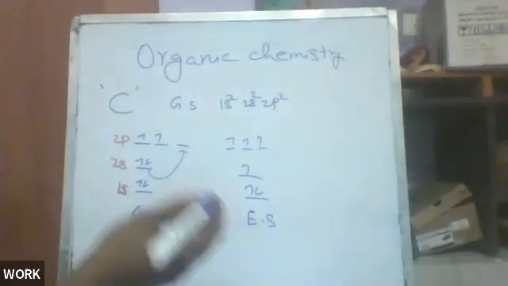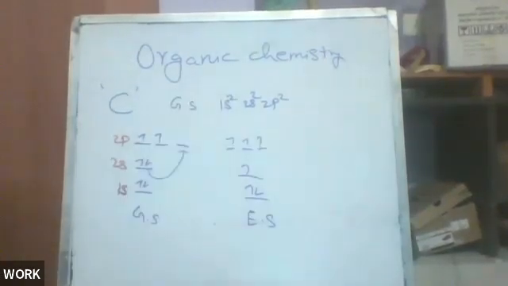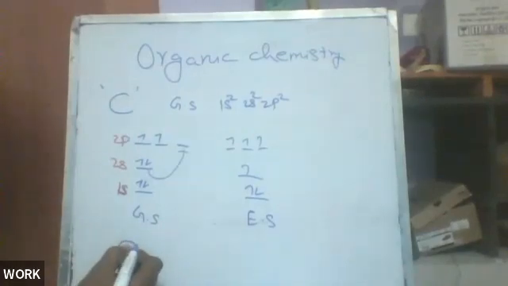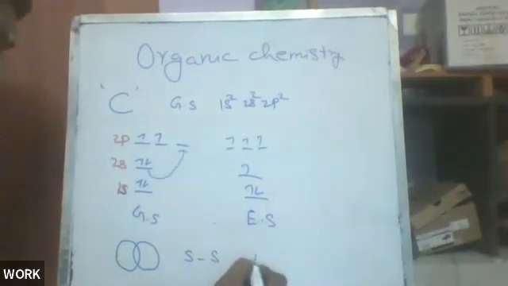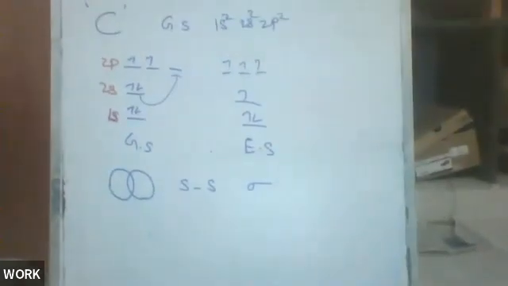Now, you know that s orbitals are spherical in shape. When one s orbital combines with one more s orbital, it forms an s-s overlap, which gives a sigma bond.